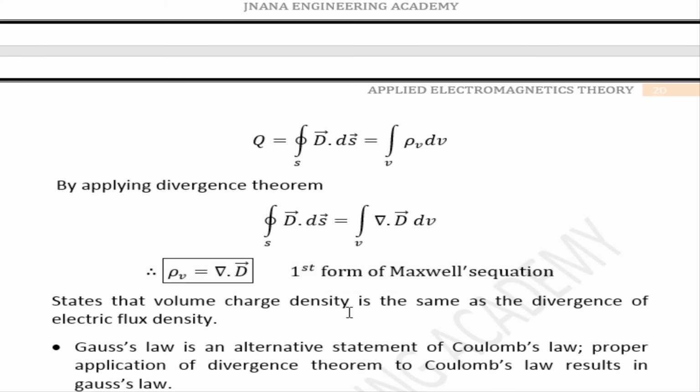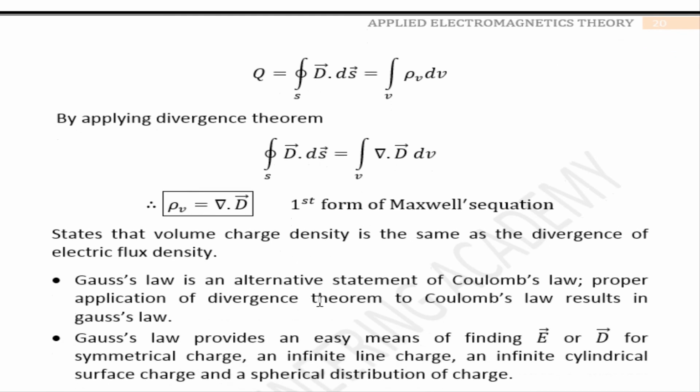So it states that the volume charge density rho v is the same as the divergence of electric flux density. Del dot D is the divergence of electric flux density.